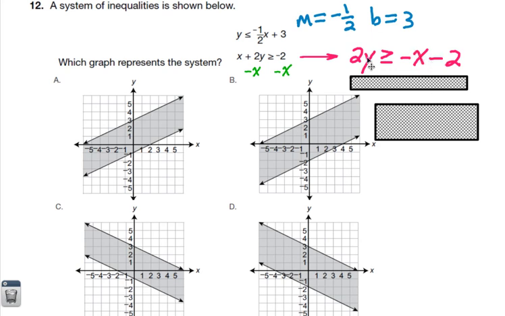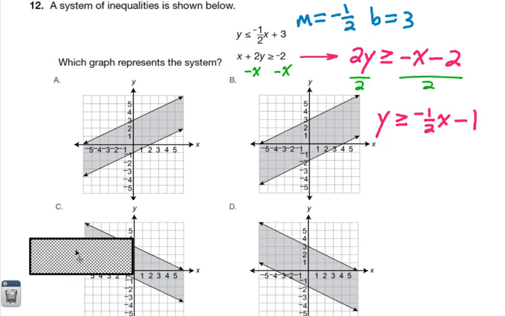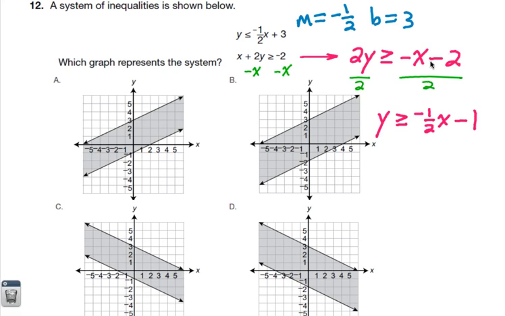And then, still needing to get y by itself, what are we going to do? We're going to divide both sides by 2, making sure we divide the entire right side by 2, both terms by 2. So what's negative x, or negative 1x, divided by 2? Well, can we do negative 1 divided by 2? Not cleanly. And so it's kind of like a fraction, which, does it reduce?